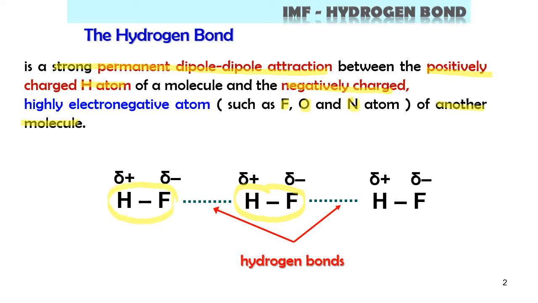So the hydrogen bond is between these two molecules and it is between a partially positive hydrogen atom with a partially negative fluorine atom from another molecule. So when you want to label the hydrogen bond between two molecules, draw a dotted or dashed line like this and then label it with hydrogen bond.